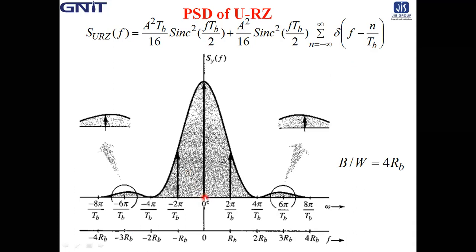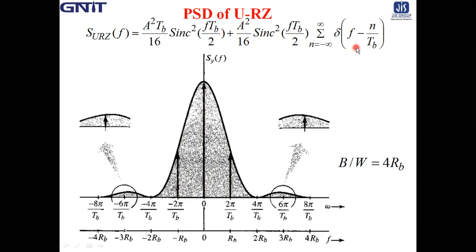So at the point 0, there is an impulse present. Now for n equal to 1, f equal to 1/TB, and 1/TB means RB. See here, RB, that point is 1/TB or RB. And similarly for minus 1 also, minus RB.